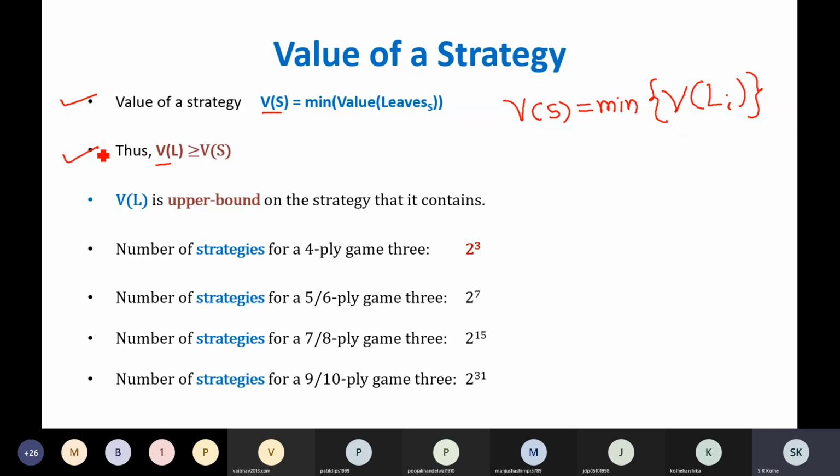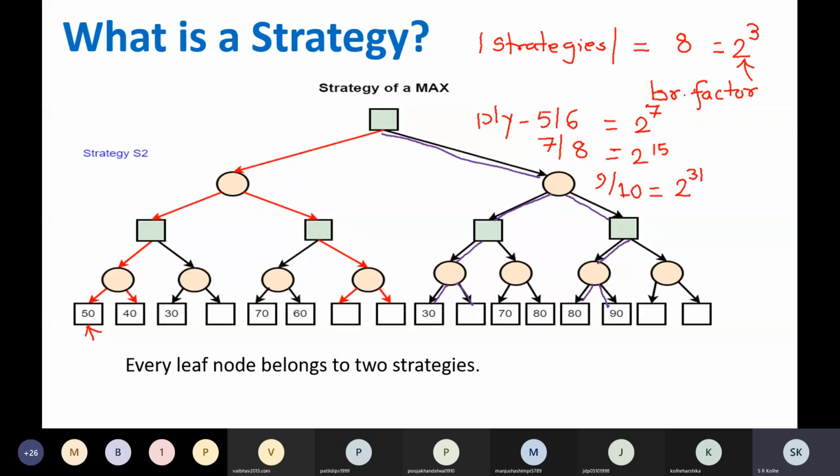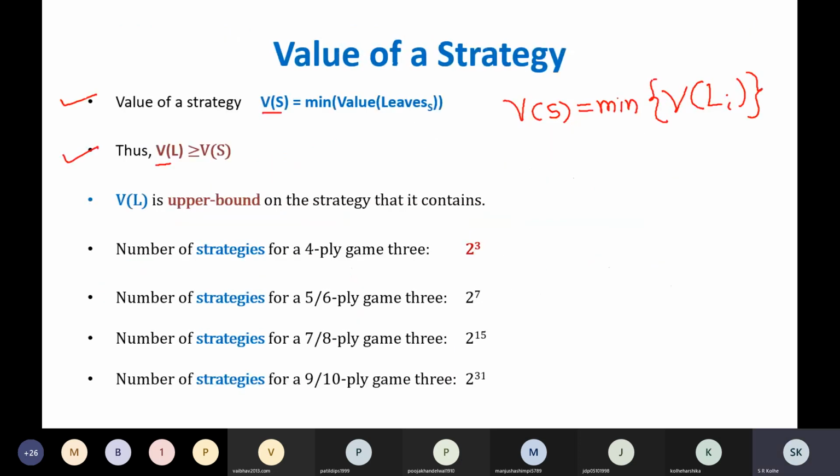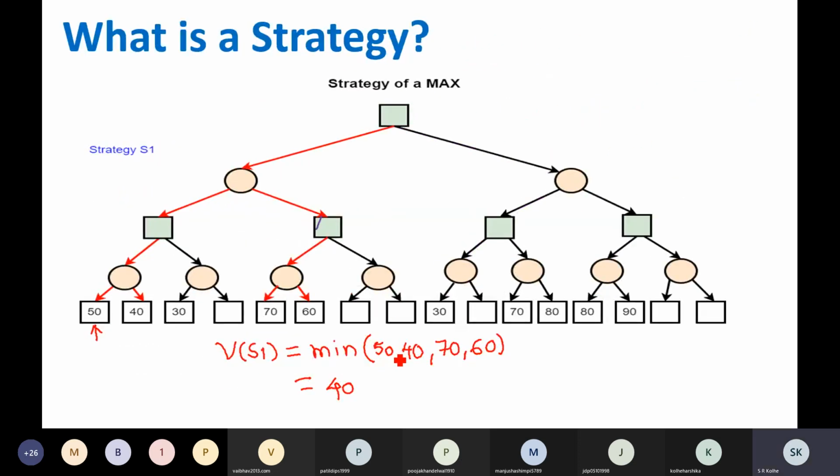Understood? Consider this example. The value of strategy S1 is 40. You can name these nodes.